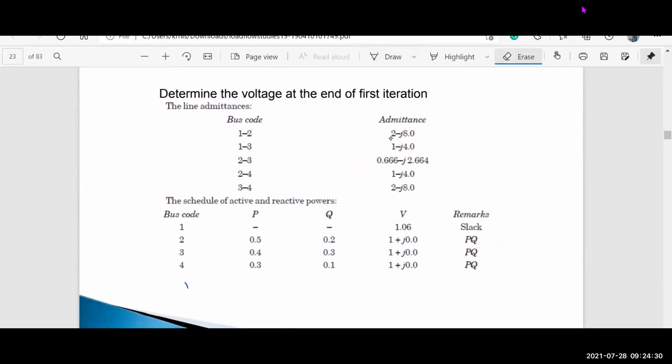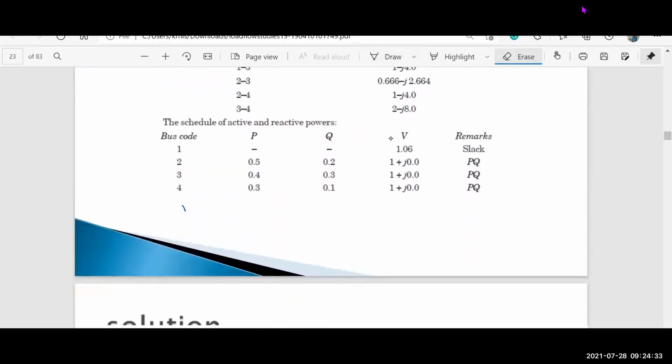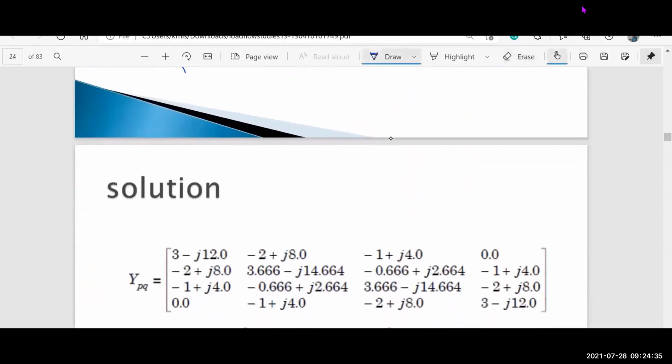So if we draw the Y matrix, the connections are used and assigned.